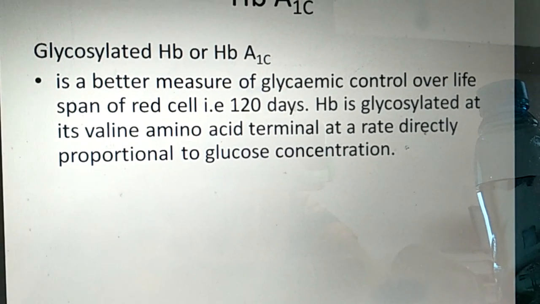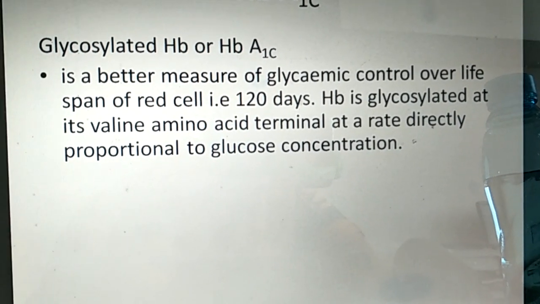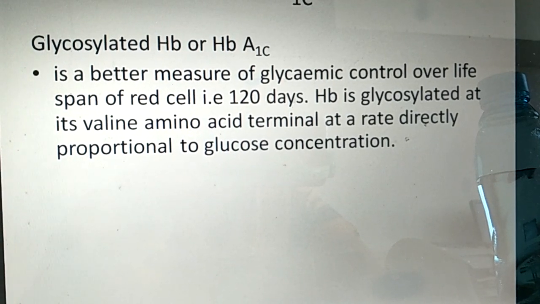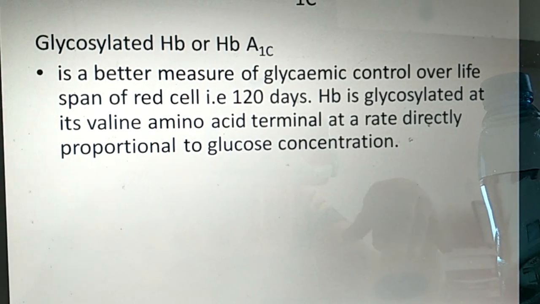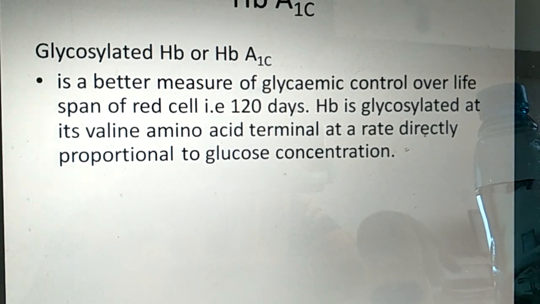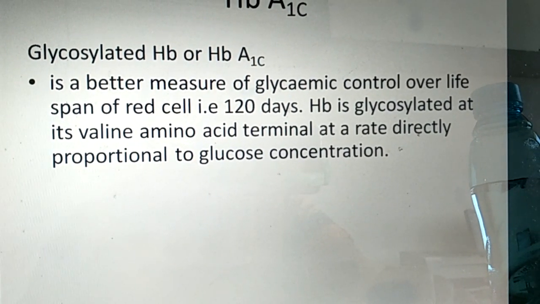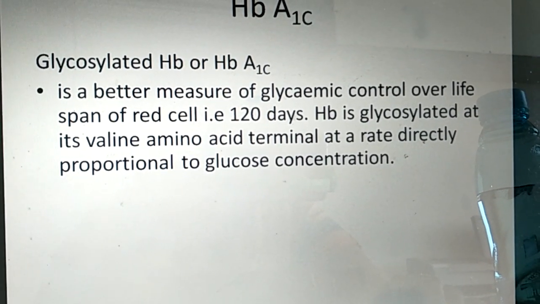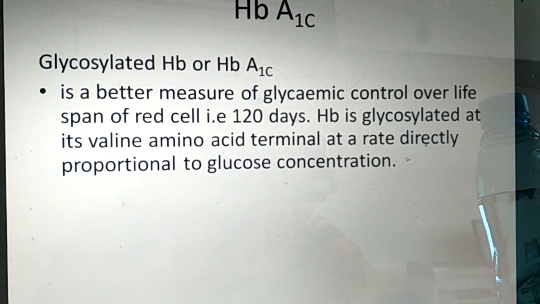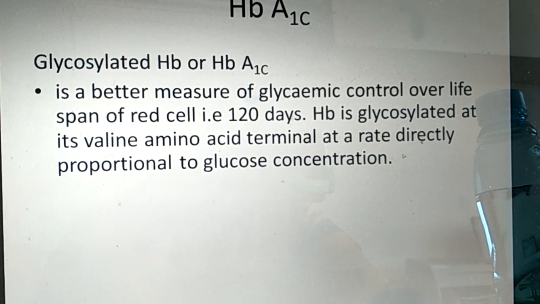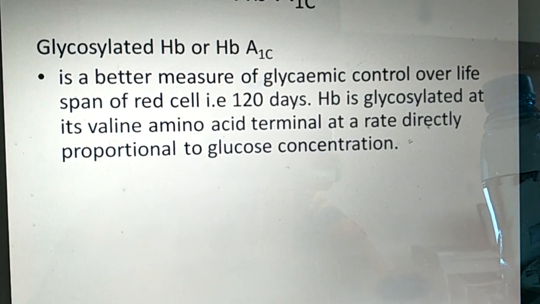So the more the glucose, the more the glycosylated hemoglobin, and it gives an average level over 120 days, the lifespan of RBCs, that is 3 months. It is a snapshot of average glucose level over the past 3 months.